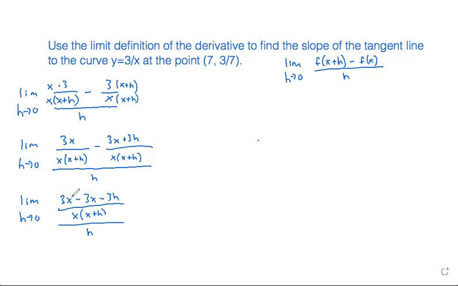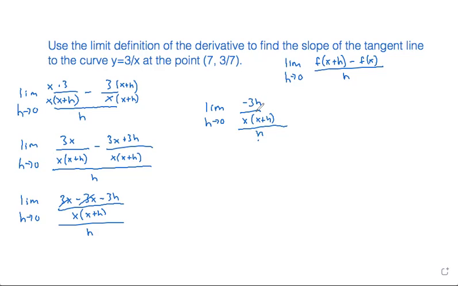Now we have a 3x and a minus 3x, so these terms cancel, and it leaves us with the limit as h approaches 0 of negative 3h over x times x plus h, all over h.